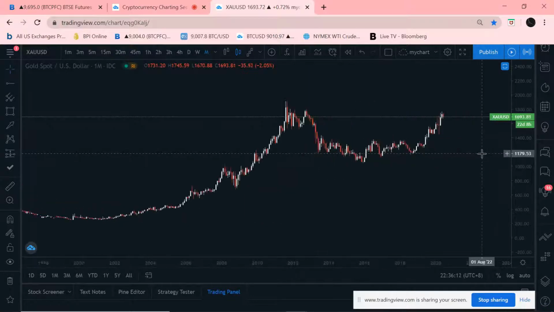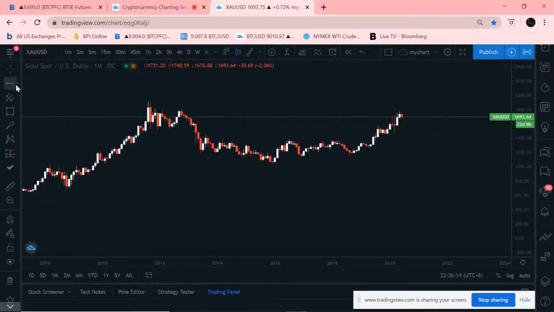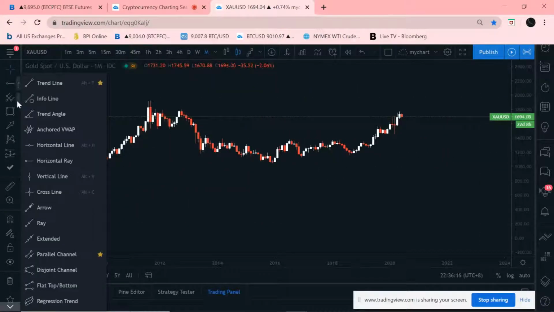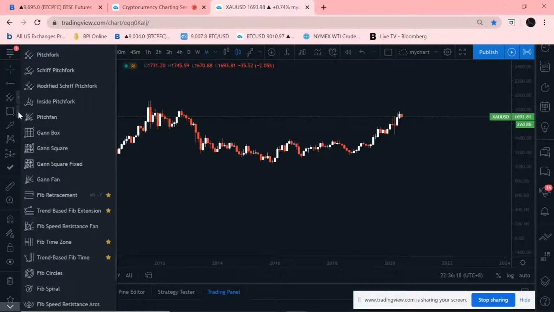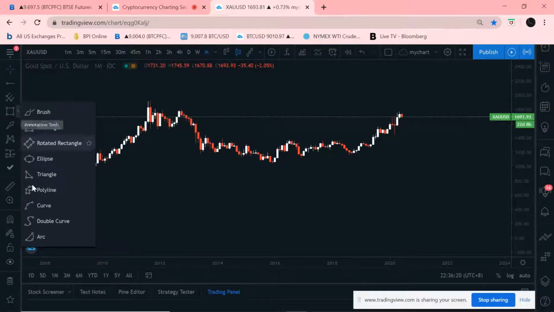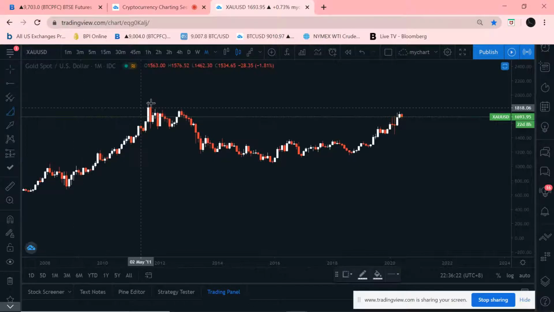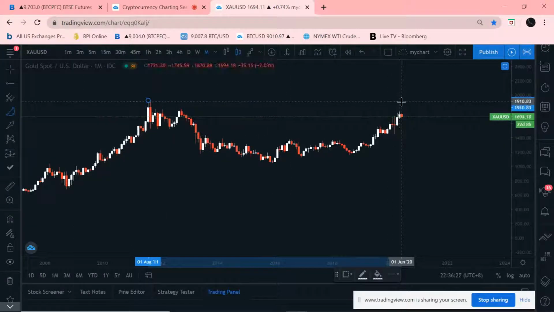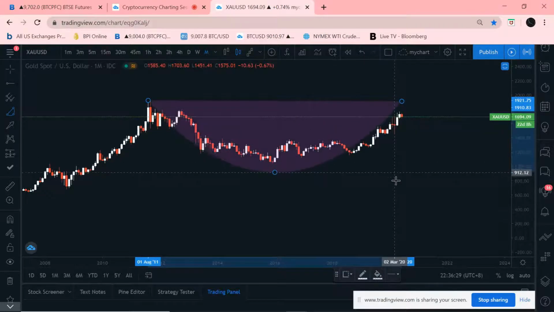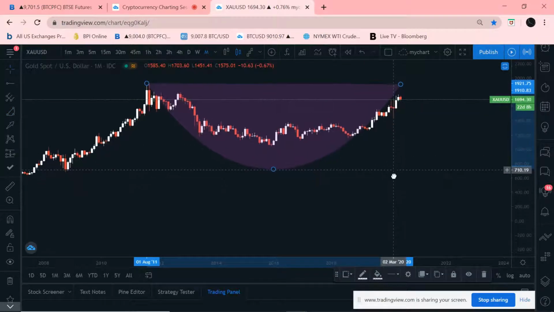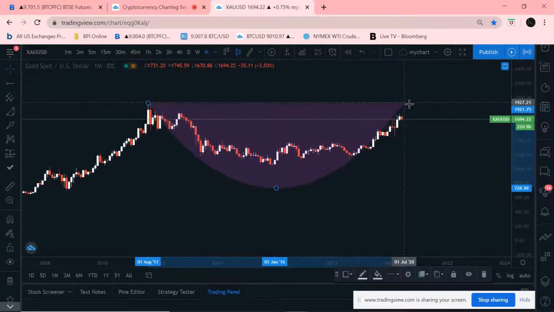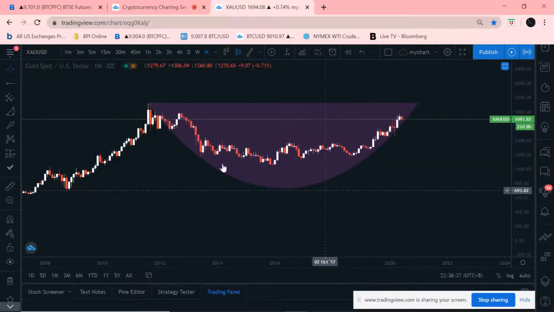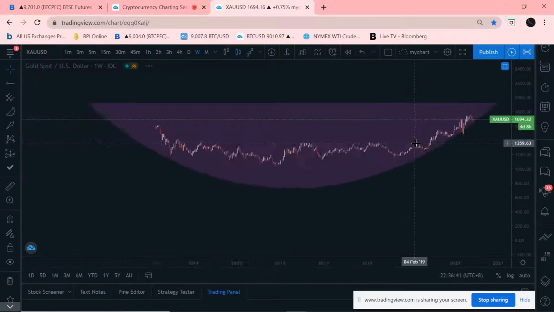1693.57. As I mentioned in my previous video, I'm actually expecting a cup, or actually I'm seeing a cup. So this is the cup. This is actually the monthly chart.